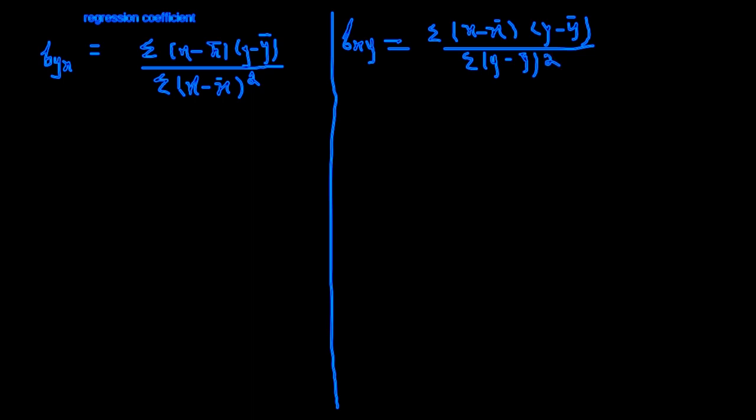Now you see, if I do one thing to this formula, say suppose I am dividing numerator whole with n and in the denominator I divide this with n, then can you tell me what is this? Can you tell me?